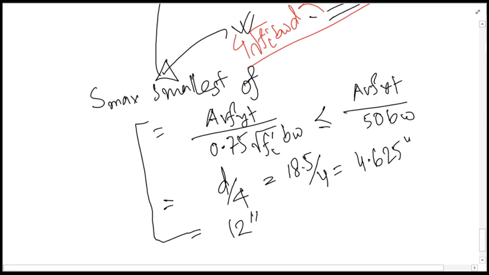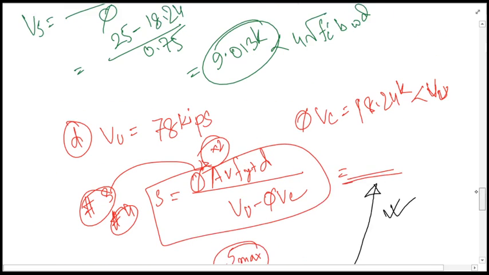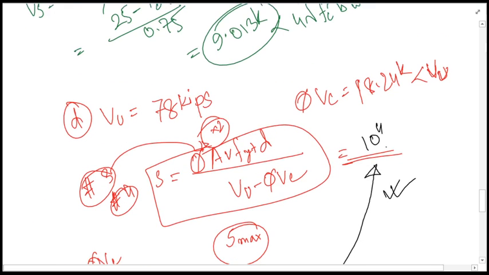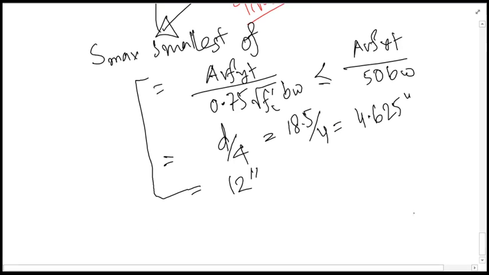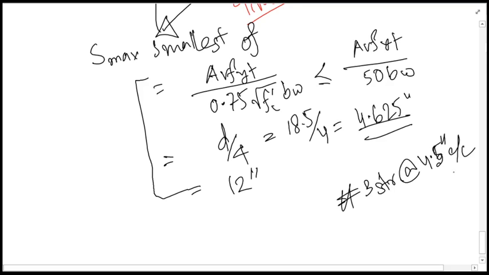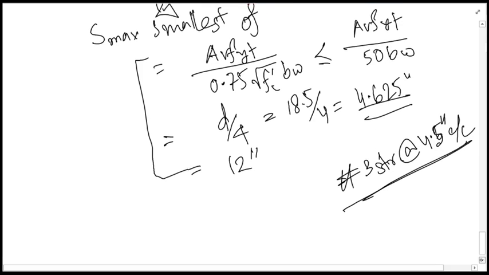And that's why even if from this one you might obtain 10 inch for example, you still cannot provide that, you will have to provide this one. So number 3 stirrup at the rate of 4.625. If you round it further, you will be giving 4.5 inch center to center like this. So that's how we will have to provide shear reinforcement here.